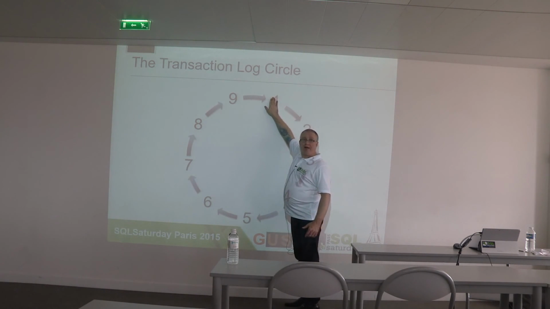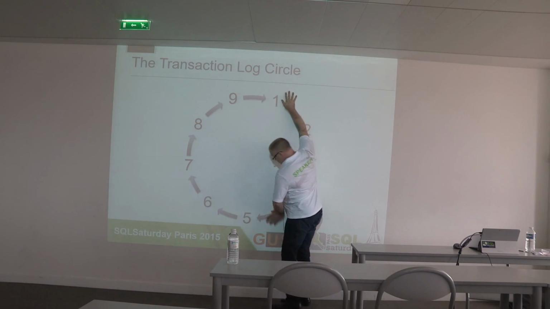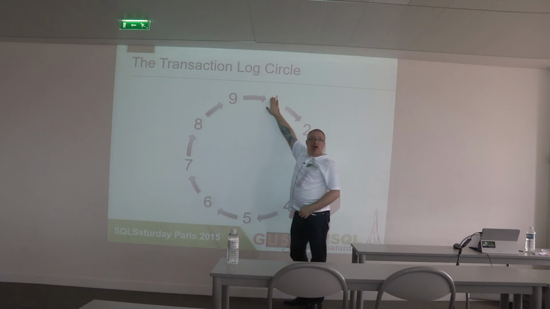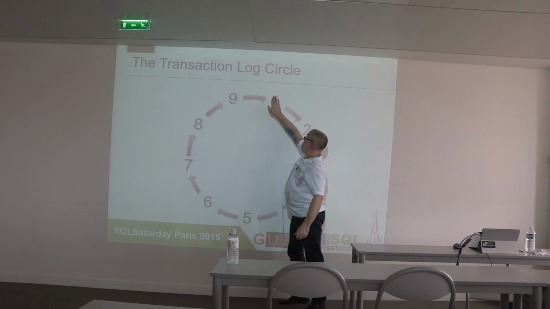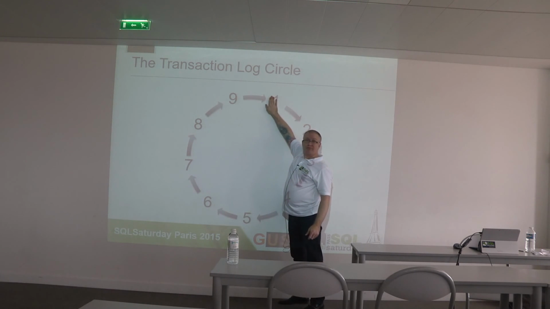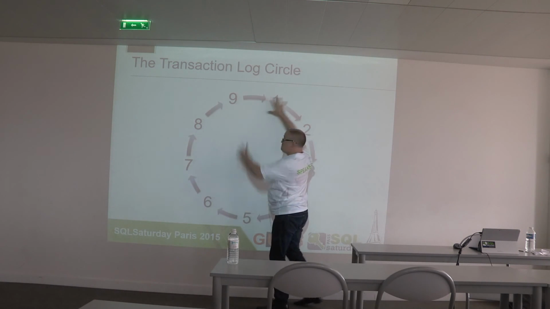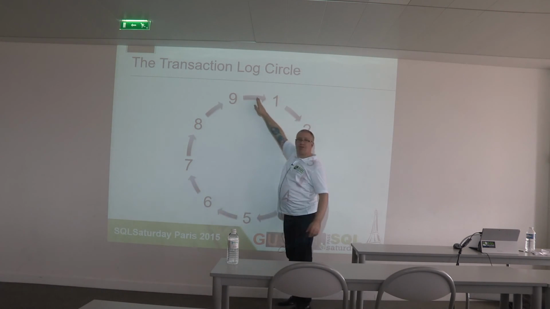I'm going to back up that data and then I'll mark it for reuse. However, I'm still down here writing and I will come back around. But if I haven't done a transaction log backup yet, and this one still has data in it that has not been backed up, what do we do? We create a new one and we expand the circle. So we would then go to 10.